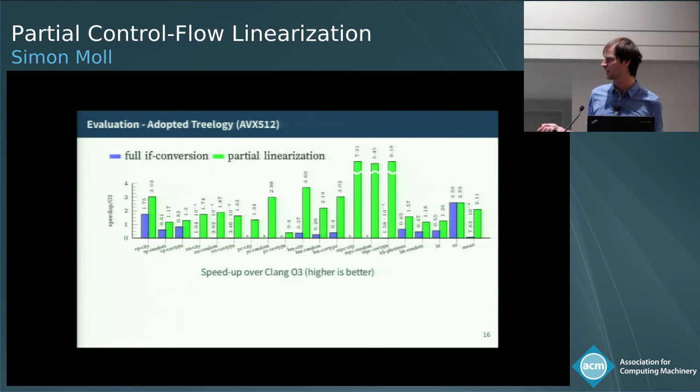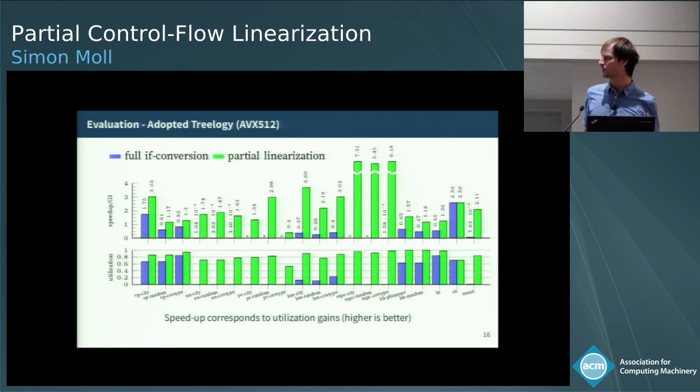And we only see one slowdown below the baseline here, for one point correlation benchmark, since this was a high dimensional data set, so we got a lot of control divergence in the traversal. And if we look at the utilization, so initially I showed that partial if-conversion improves utilization of SIMD units. You see that compared to full if-conversion, shown in blue here, we improve utilization, and the speedups correspond to improvements in the utilization.